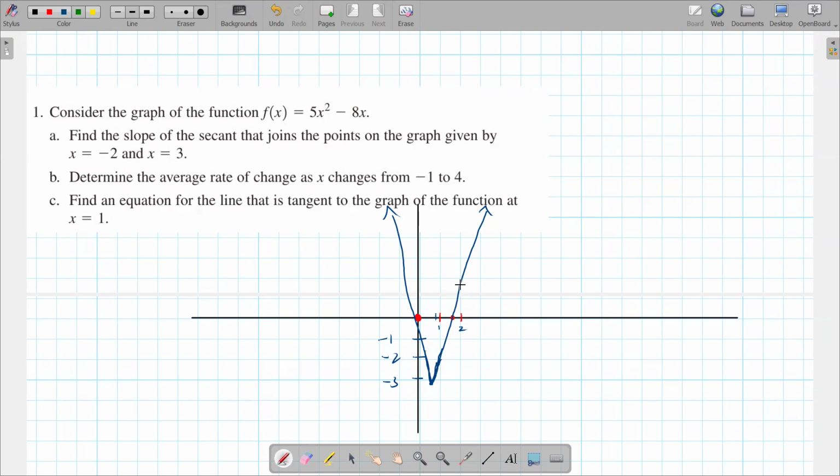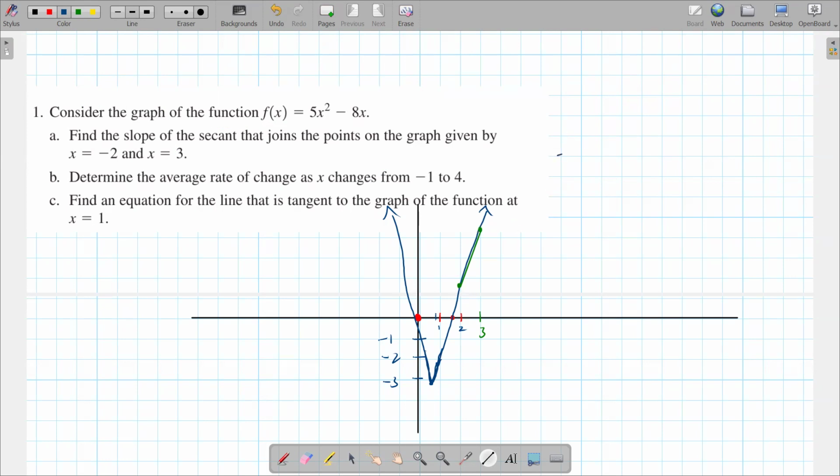Now at x equals 2, this is our y value. At x equals 3, this is our y value. So what we're trying to do in part A is find the slope of this green line. It's asking us to find the secant line. The best way to do this is to find the y value at 2, the y value at 3, and then do rise over run.